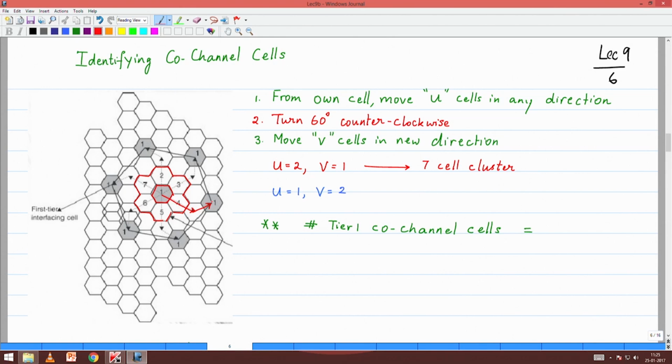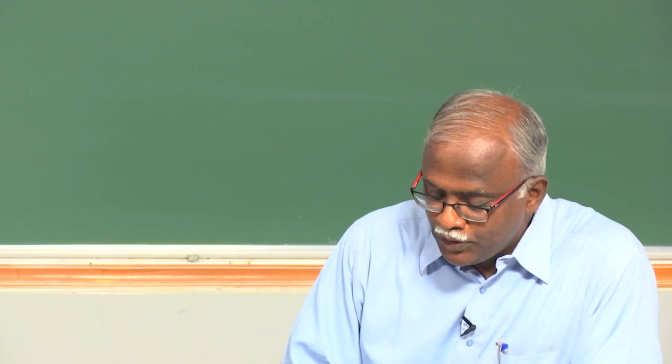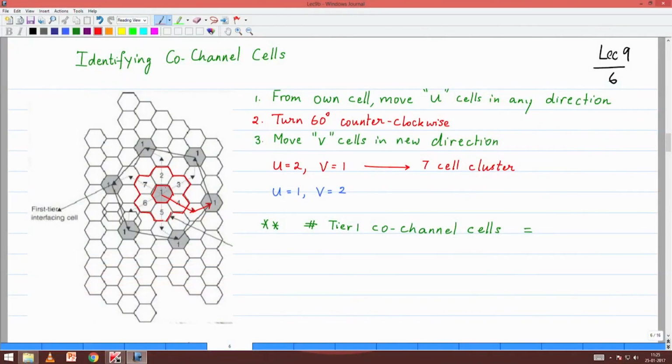I have not yet told you that this is for a cluster size 7, but I am just giving it to you as information. So, for a cluster size 7, u equal to 2, v equal to 1 gives us the location of the other centers. Now, obviously you should be able to do u equal to 1 and v equal to 2 also. Let us try that in another direction.